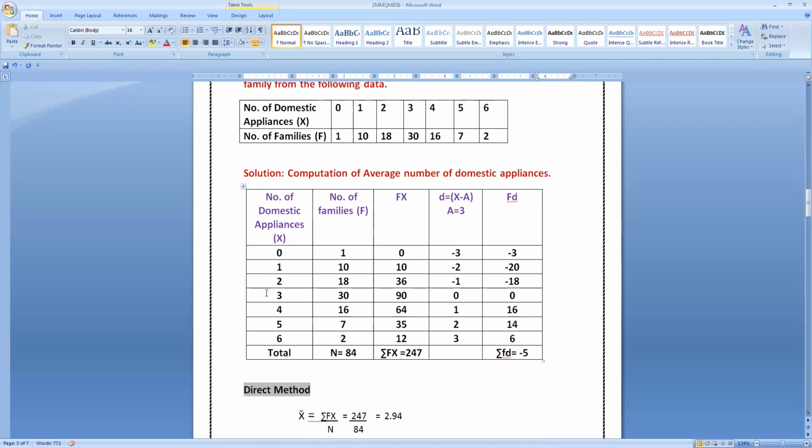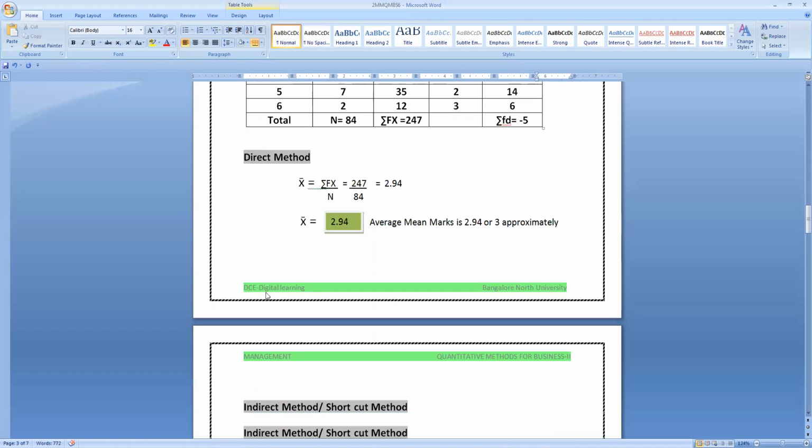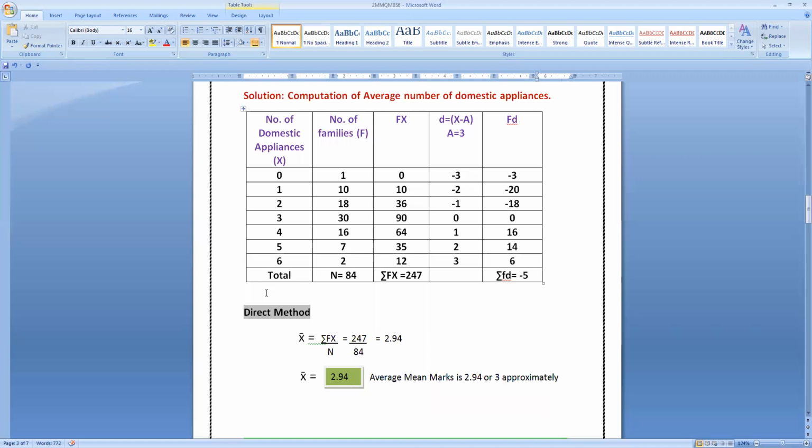Now we have to calculate either by the direct method or by the shortcut method. In this question we will solve both the direct as well as the shortcut method. In the same manner, first one column is shown as x, and another column is f. If we calculate with the direct method, we should remember the formula, sigma fx by n.